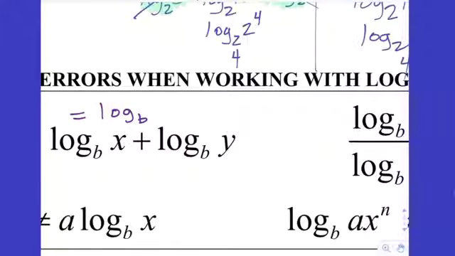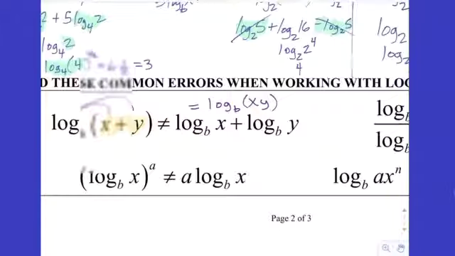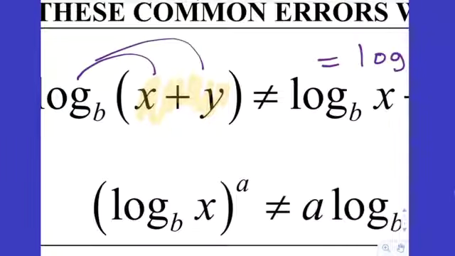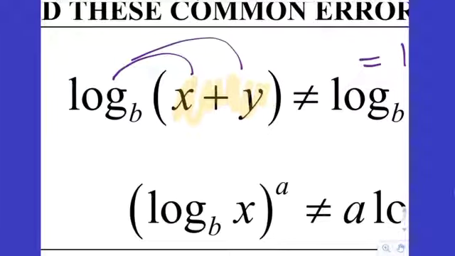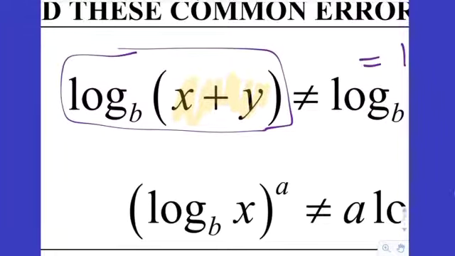When you condense it, it becomes log base b not of x plus y, but of x times y. That's what the right side is actually equal to. Logs take products and turn them into sums. So you can't distribute. If you ever have the log of an argument with multiple terms, you're done. That's as good as it gets. You just stop right there. Okay?